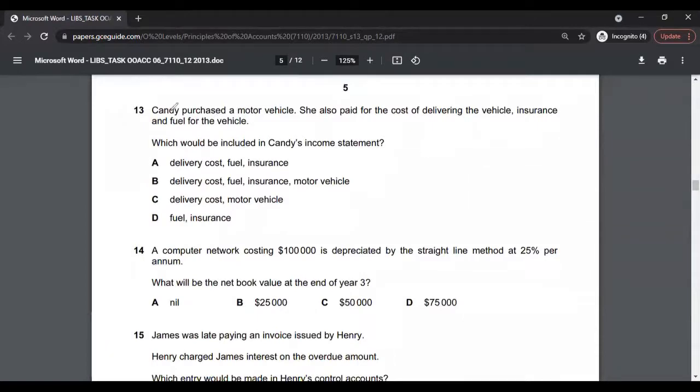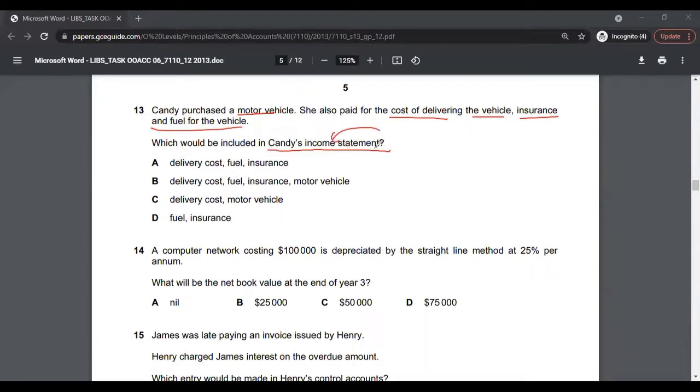Multiple choice 13. Candy purchased a motor vehicle. She also paid for the cost of delivering the vehicle, insurance, and fuel for the vehicle. Which would be included in Candy's income statement? So you have to pay attention. Basically Candy bought a motor vehicle and she incurred a few expenses. What were those expenses?